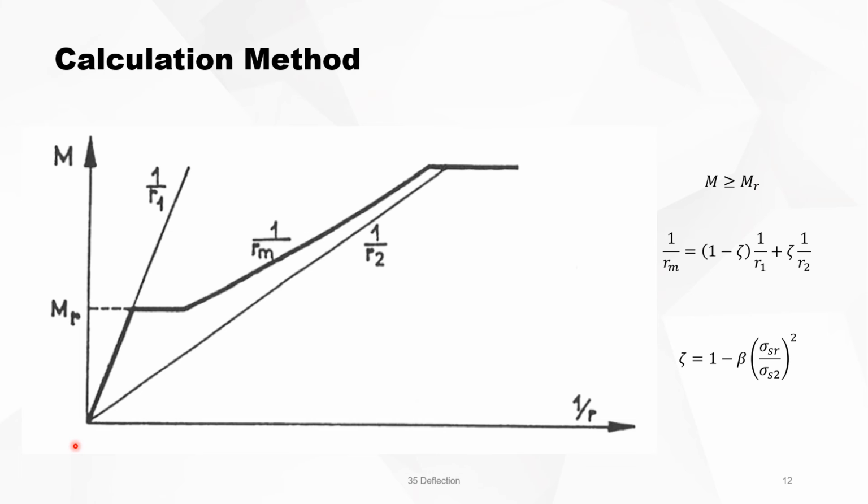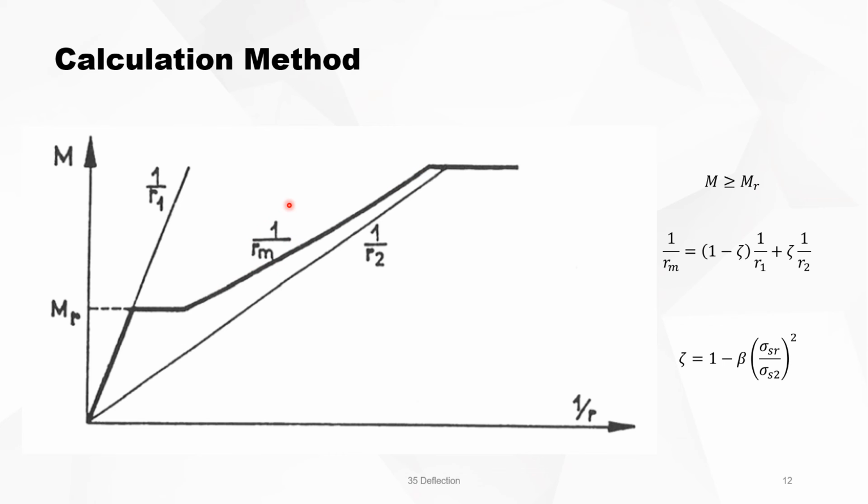Reality is somewhere between the two. At increasing bending moment, it's in the straight line, and you stay on the 1/r1 line. When you reach the crack, when the section is cracked, you have a disturbance, a redistribution, and then you start again, but this time you move towards the 1/r2 line.